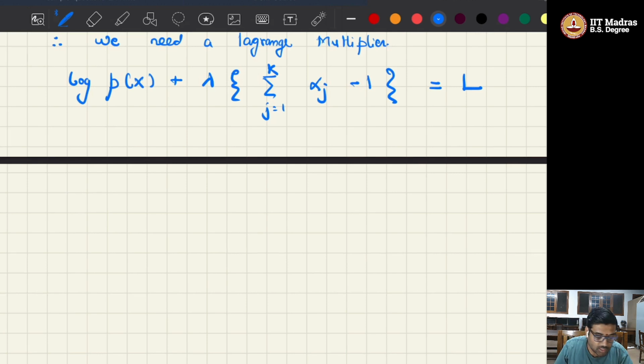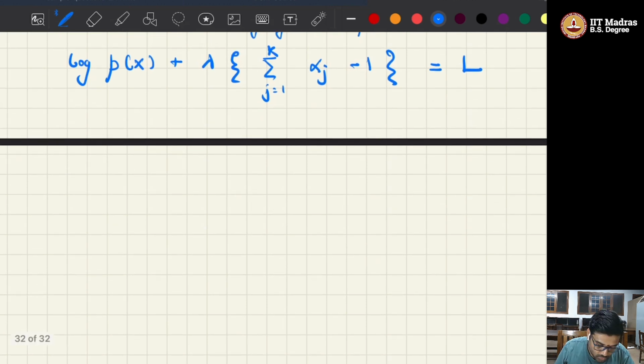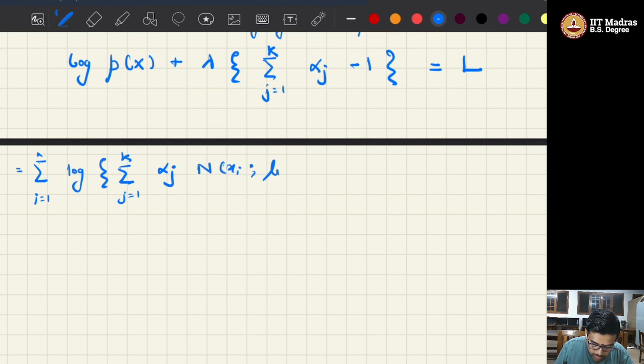Now how does this optimization function look? This will be the summation i equals 1 to n of log of the summation j equals 1 to k of alpha j times the Gaussian of xi parameterized by mu j and sigma j.